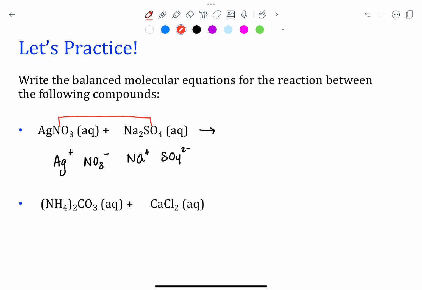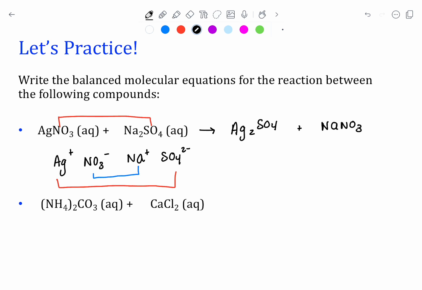So when I put silver with sulfate, I'm going to get Ag2SO4 because of the 2- charge and the 1+ charge. We have to account for that. And then for sodium and nitrate, they have equal but opposite charges, so I just need NaNO3.